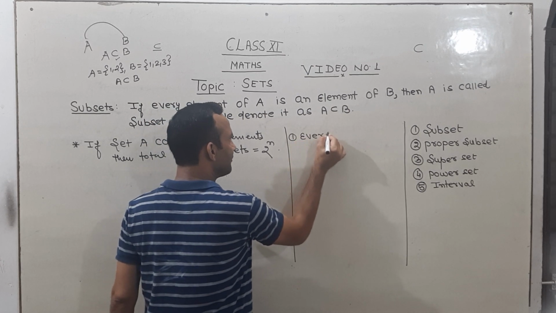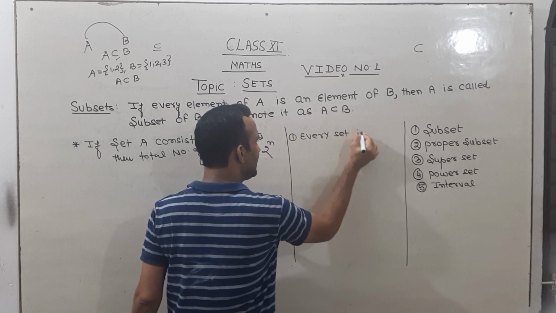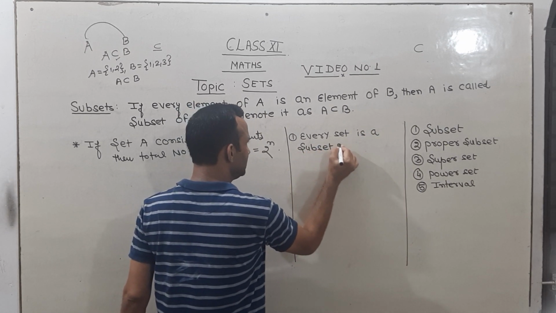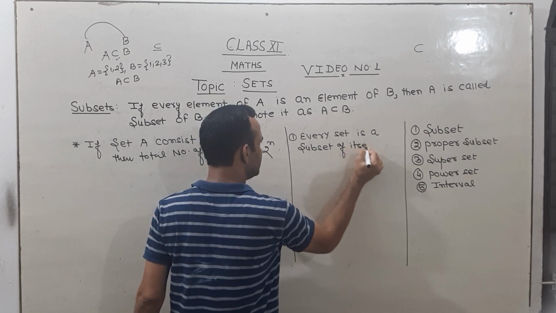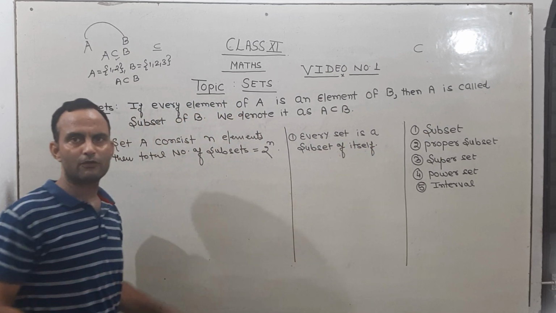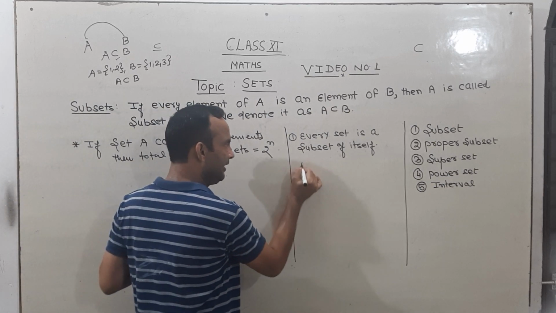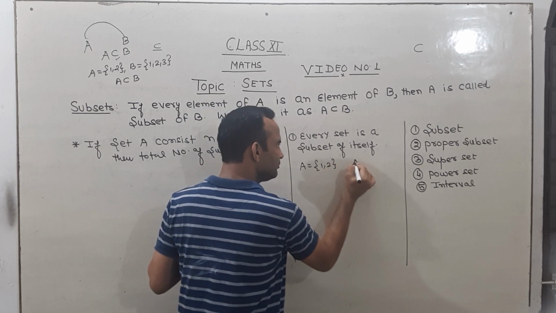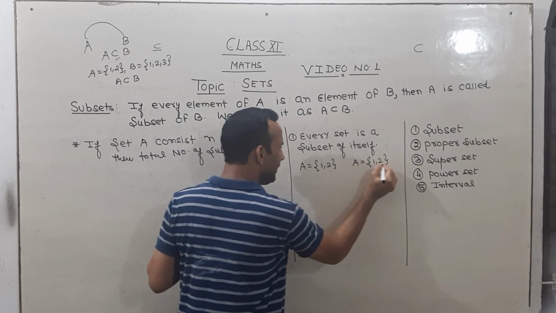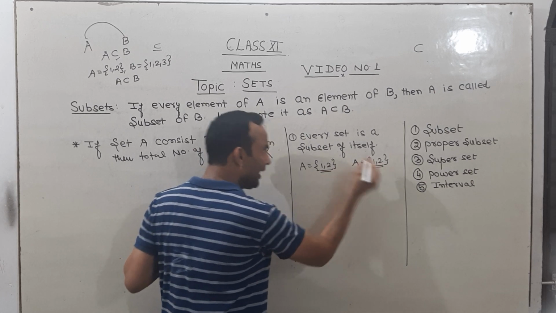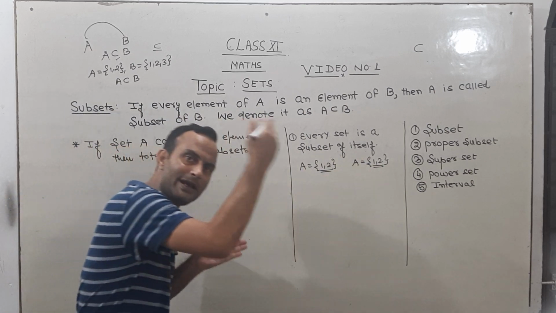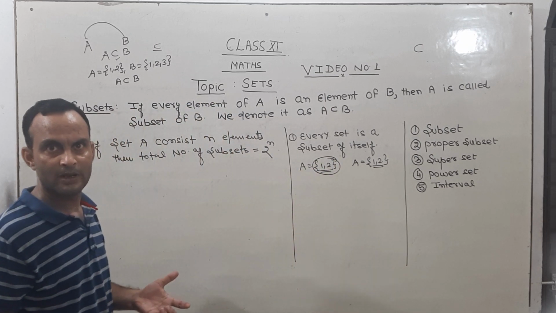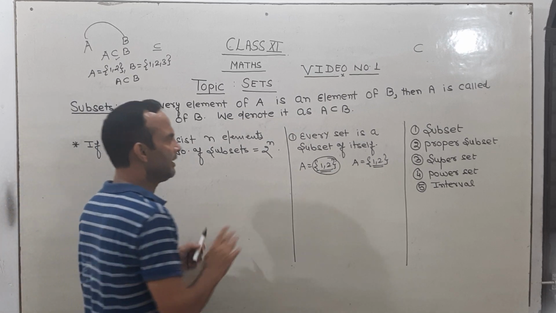Every set is a subset of itself. देखिए A लिया, A 1 2 ले लिया, अब फिर से A ले लिया 1 2, तो you can see A के सारे एलिमेंट इस A में तो होंगे ही, A के सारे एलिमेंट तो A में होंगे ही। That's why कोई भी सेट अपना खुद का सबसेट होता है। Every set is the subset of itself.